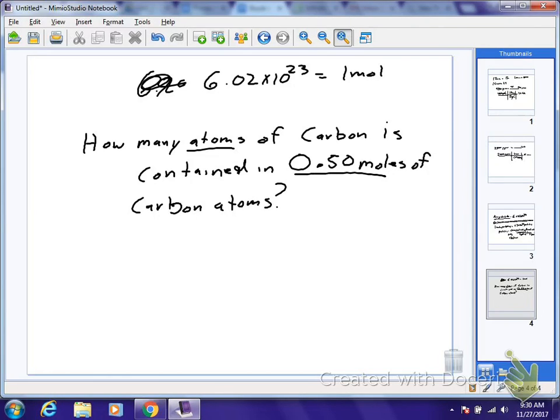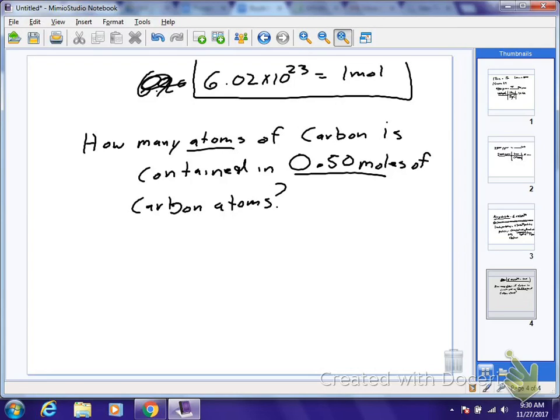So this is the only conversion that we have to deal with, because this up here can represent atoms and moles of atoms, because they're particles. So setting up this problem, how would we set it up? What would we do to show our work?